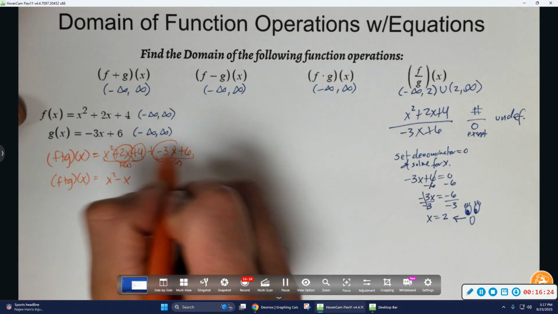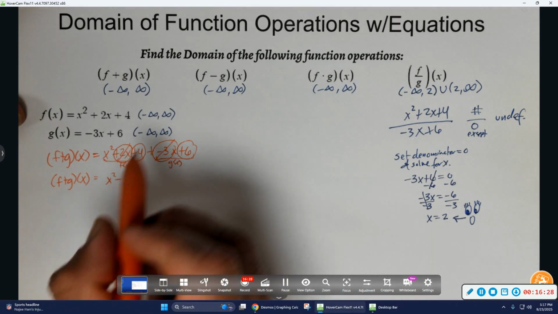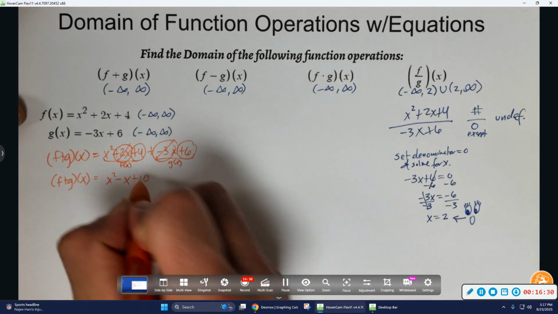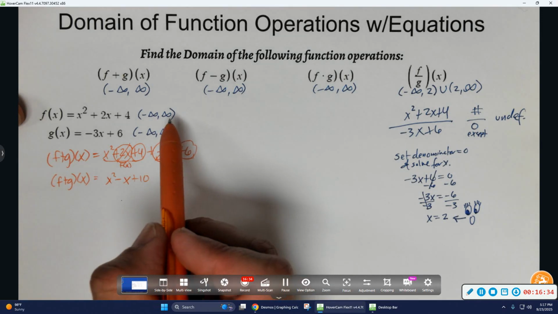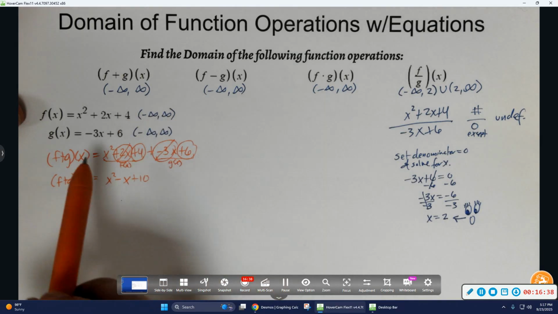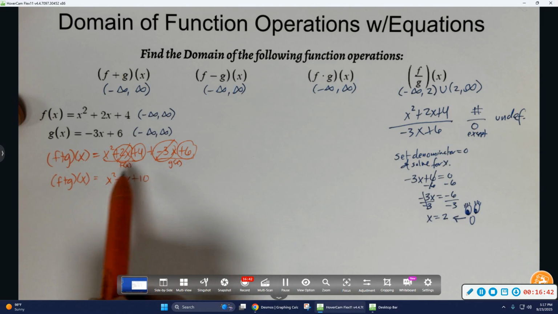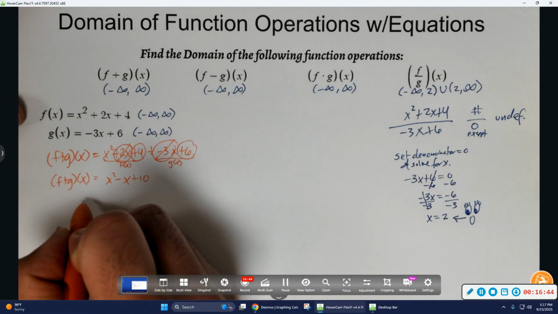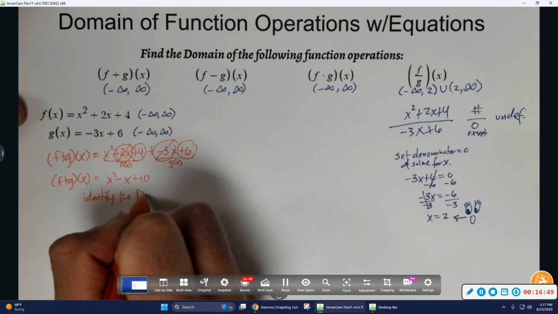And then these two at the end are like terms. 4 plus 6, I get 10. So now instead of finding the domain of each function and identifying the overlap, I'm just going to combine the two functions into one. And then from that new equation, identify the domain.